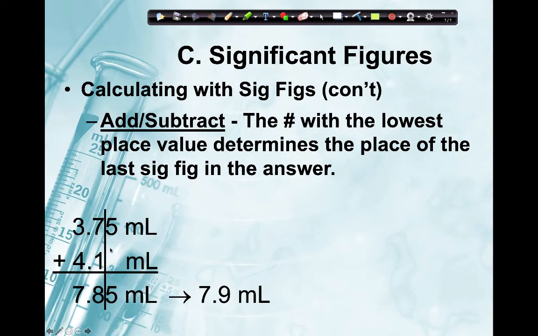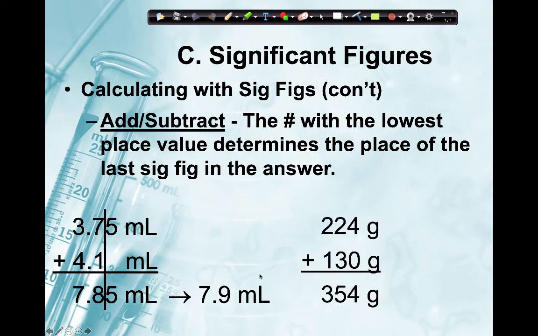Now, technically, when I'm looking at this, I have the tenths place and then I have the hundredths place. This one does not have a hundredths place value, so I rounded to the tenths place. Really, because we've got 2 numbers with decimal points, the easiest thing to just say is go to the lowest number of decimal points. But you do have instances like this where they're whole numbers.